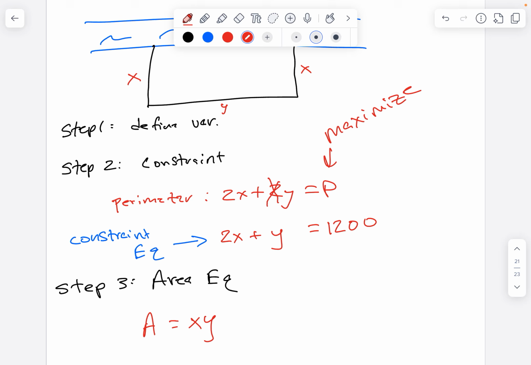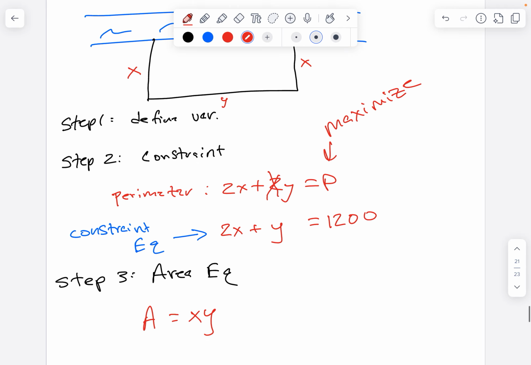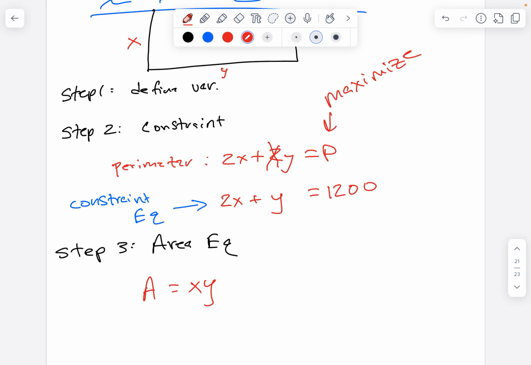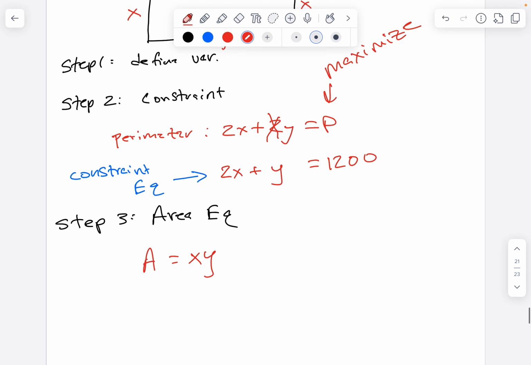But for optimization, we need the area in terms of just one variable. Again, we don't want to deal with implicit differentiation. So we're going to rewrite all of this in terms of one variable. Take your constraint equation and solve it for y: y is equal to 1,200 minus 2x. Now let's plug this y into the area equation.